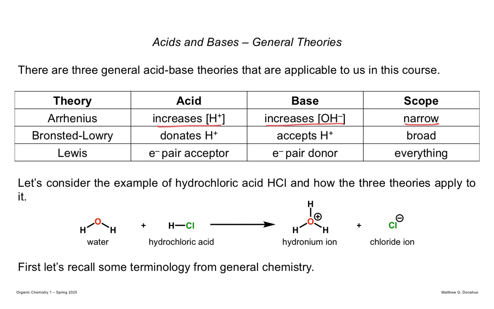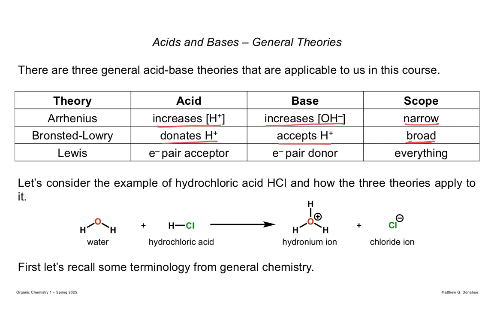It was broadened by the Bronsted-Lowry definition, where now you're talking about an acid donates a proton and a base accepts a proton. So that broadens it quite a bit because now it can include CH bonds.